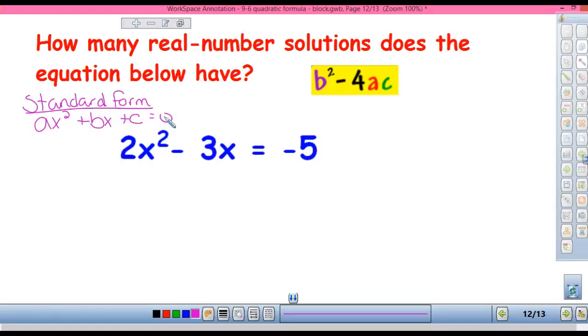So in this case, if we're going to get it into standard form, it's going to look like minus 3x, and since that 5's coming over here, we have to go plus 5 equals 0.